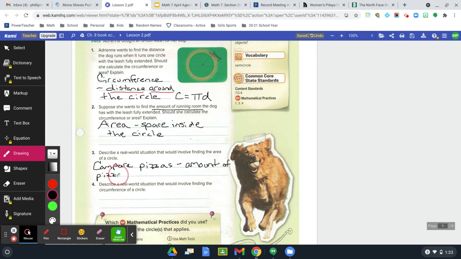I apologize with this pen. Sometimes my handwriting looks really bad, but it's just the way that I'm grasping it and how it writes, so I do apologize. Amount of pizza in a 10-inch to the amount in a 12-inch.